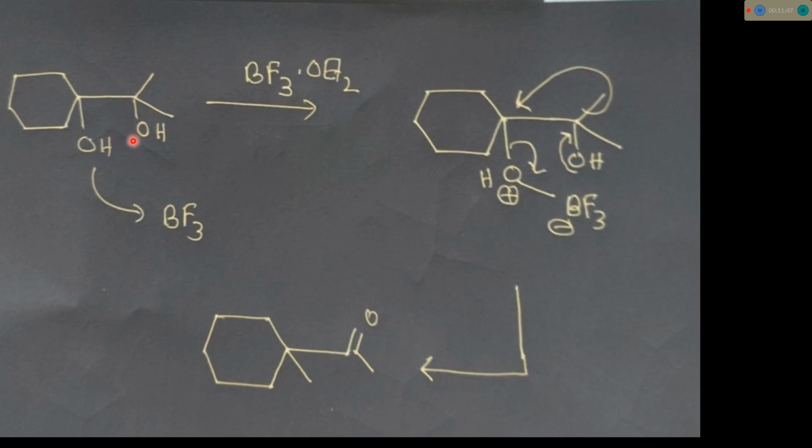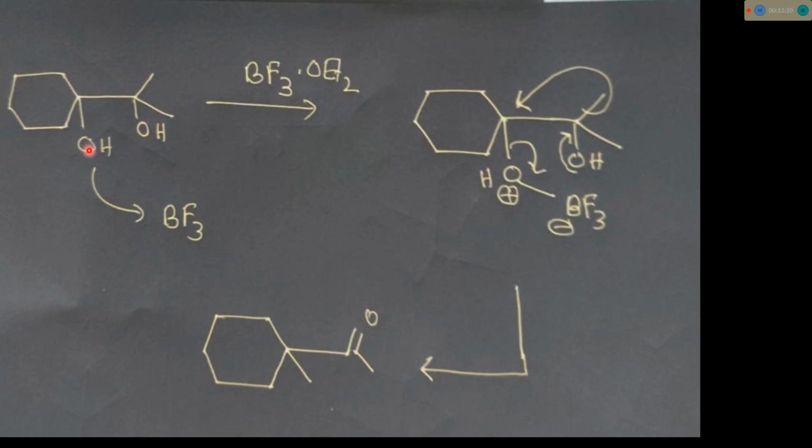Now see, this OH lone pair is somewhat shielded by this methyl hydrogen. There is a methyl group on a methyl group, so there are 2 methyl groups, and each methyl has 3 hydrogen atoms. So the lone pair of this oxygen is somewhat shielded by these methyl hydrogens.